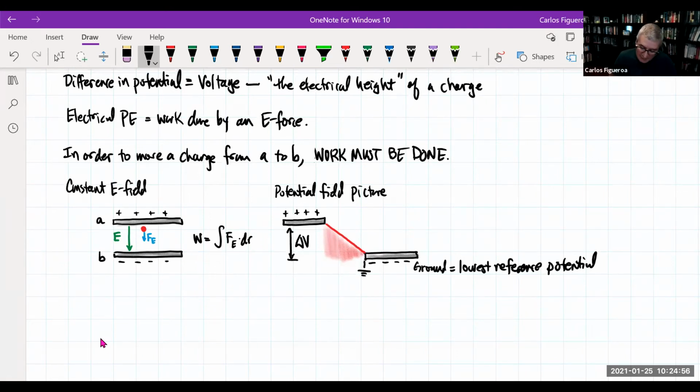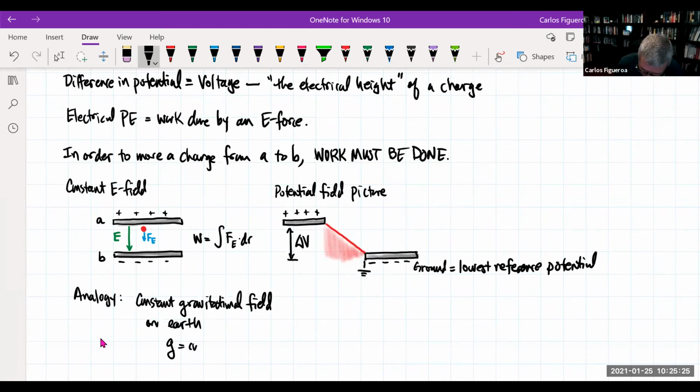Let me ask you a different question. Here's an analogy. Let's say you're riding your bike down the mountain. To give you an example, you have a constant gravitational field on Earth. If I look at the Earth's gravitational field, that's a constant.